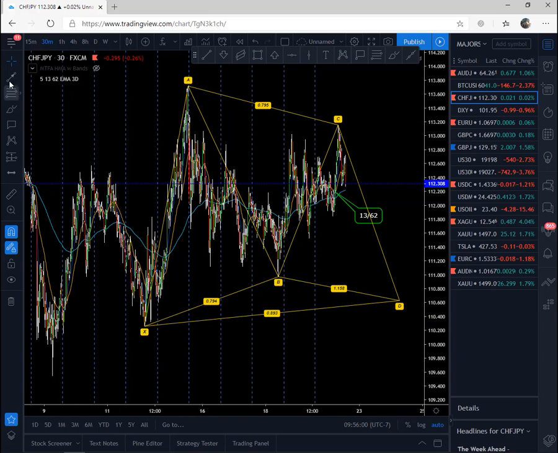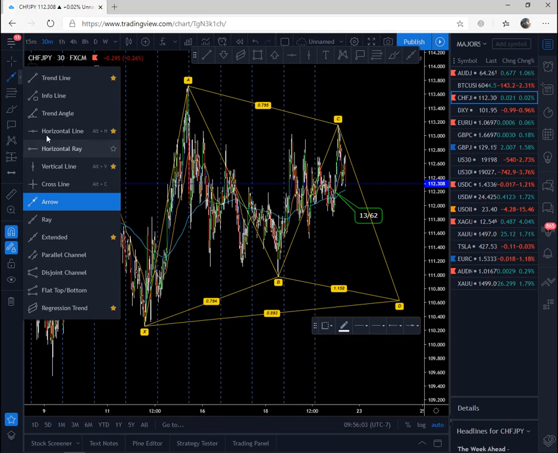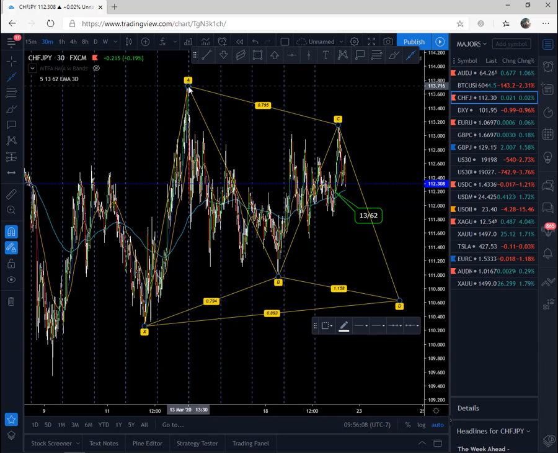So now I'm gonna draw my trend lines. And this is one of the reasons why it's important to know your harmonic pattern ratios, because without knowing them, we could not choose which pattern to go with, since the first pattern that we saw on CHFJPY didn't meet the butterfly criteria.